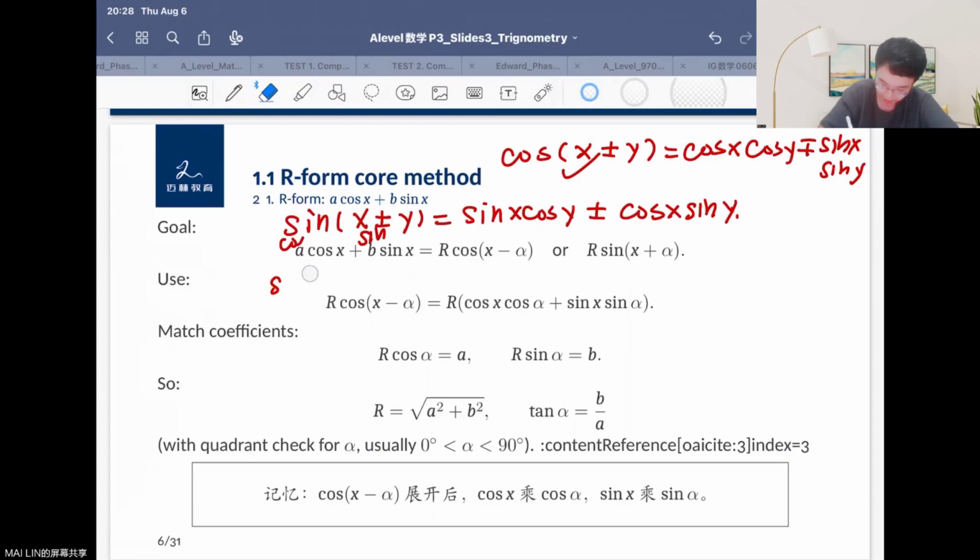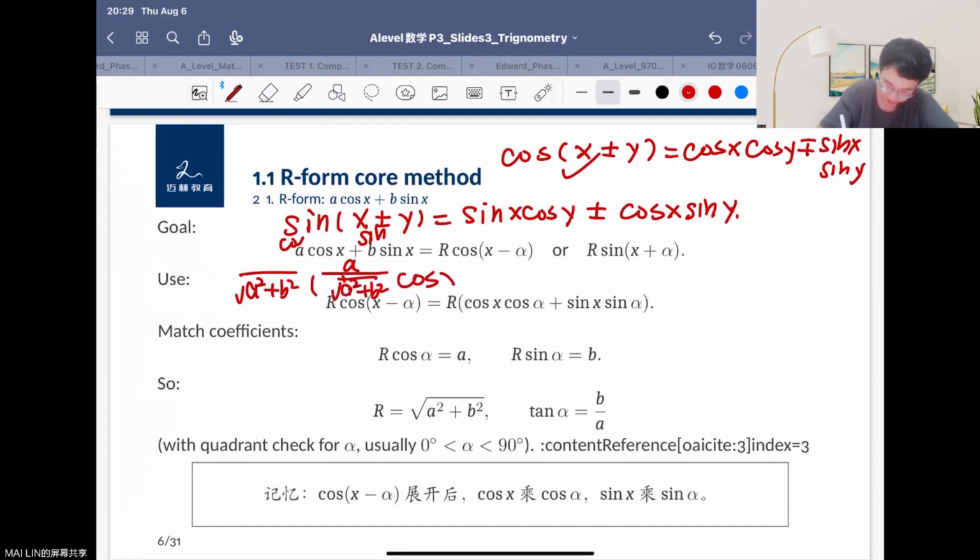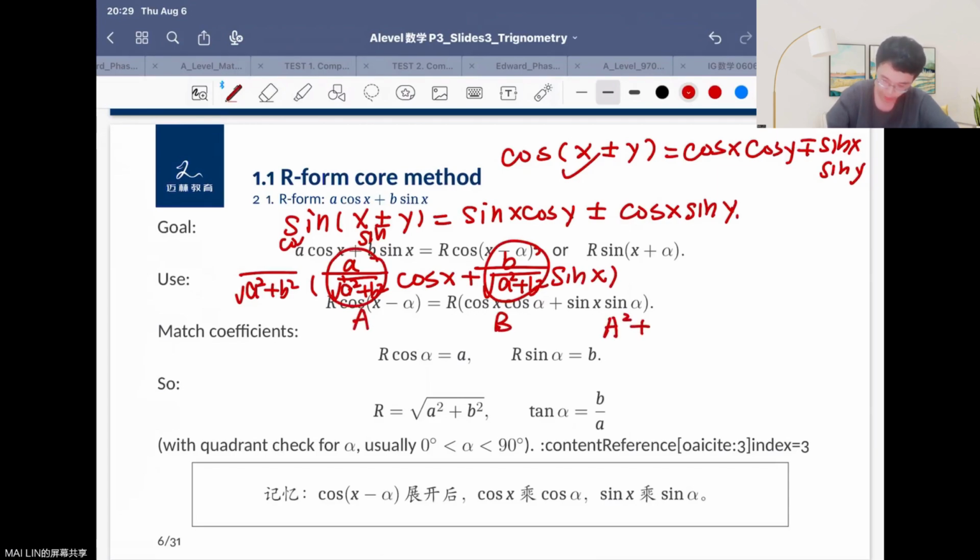For example, if we extract the square root of a squared plus b squared, it becomes a divided by the square root of a squared plus b squared, times cosine x, and then b over the square root of a squared plus b squared, for the sine x.